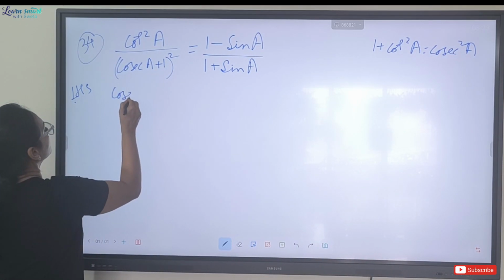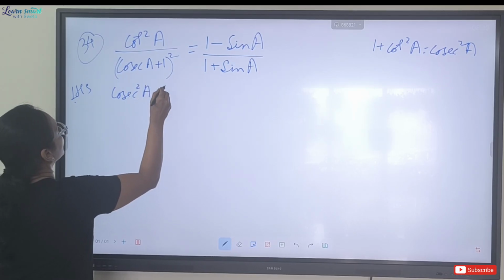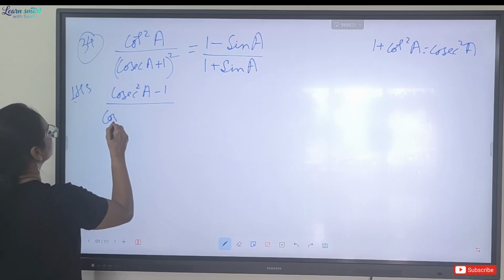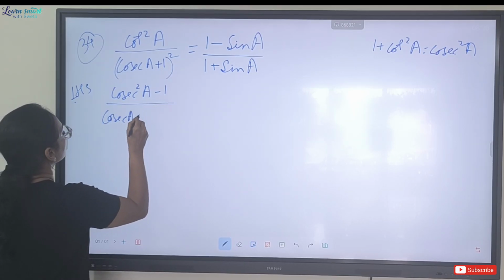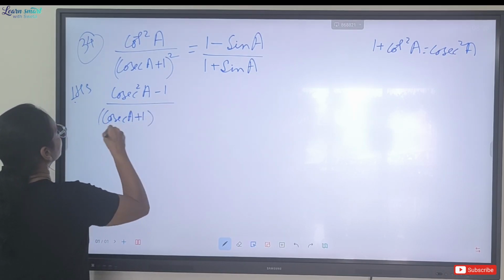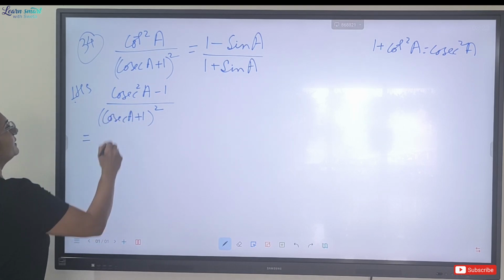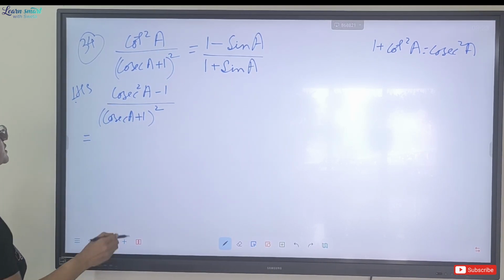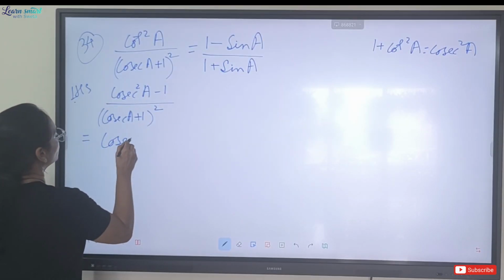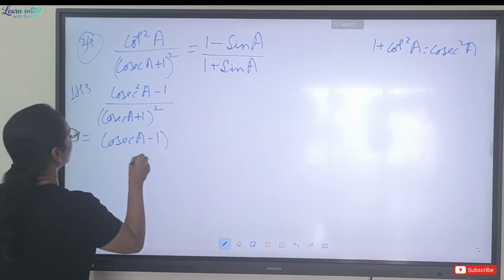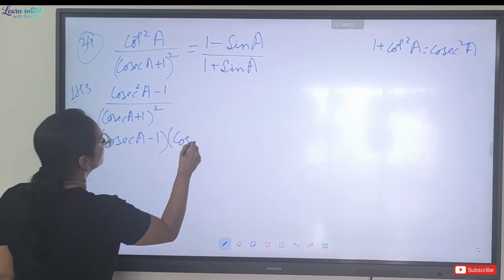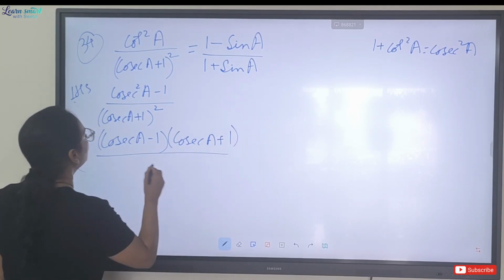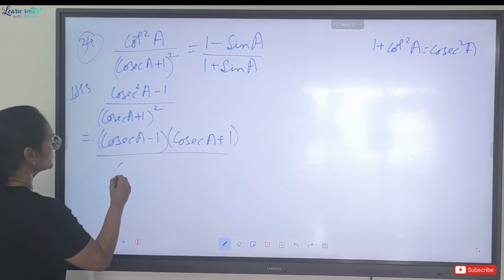So we will write cosec square A minus 1 upon cosec A plus 1 the whole square. We can write this as cosec A minus 1 into cosec A plus 1, upon cosec A plus 1 the whole square.